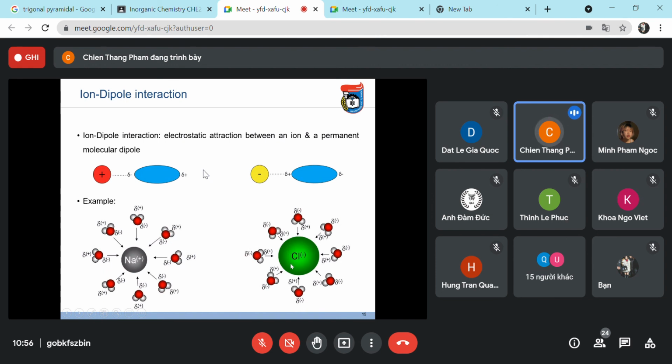In solid sodium chloride, there are only sodium cations and chloride anions. However, when you dissolve sodium chloride in water, what happens? Because of water, the sodium chloride can dissolve. And when the sodium chloride dissolves in water, you can see that the sodium and chloride are surrounded by the water molecules.